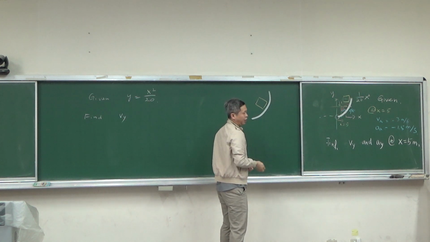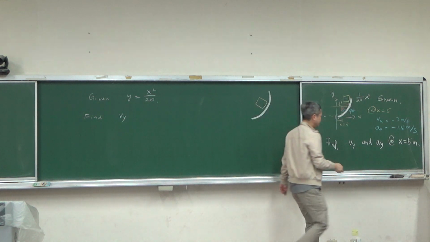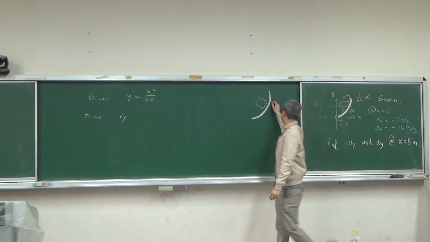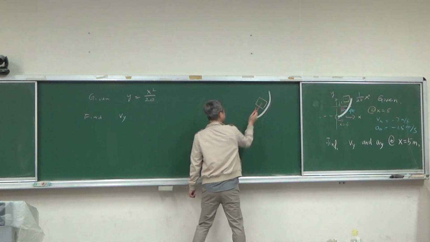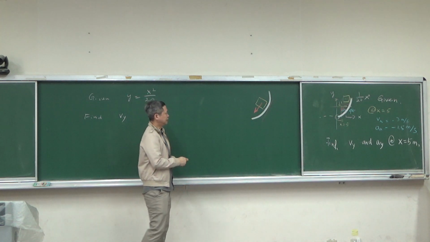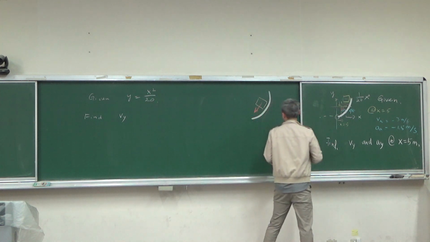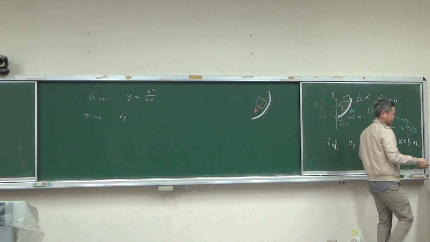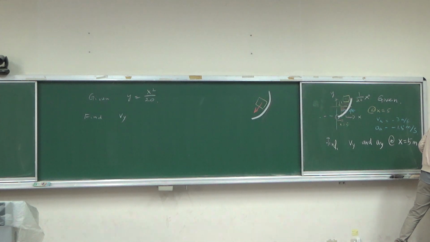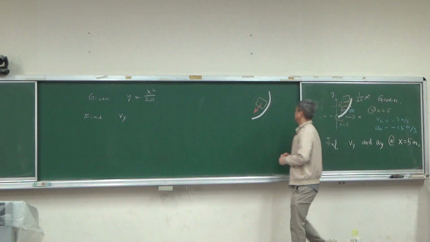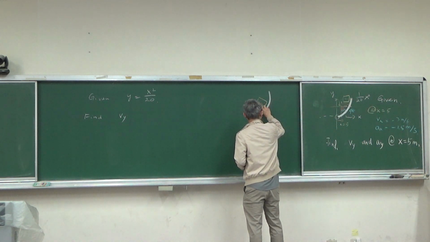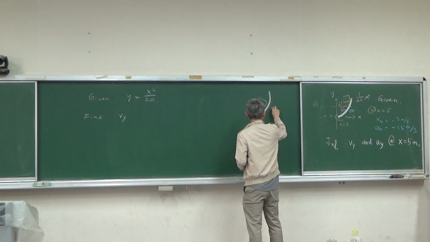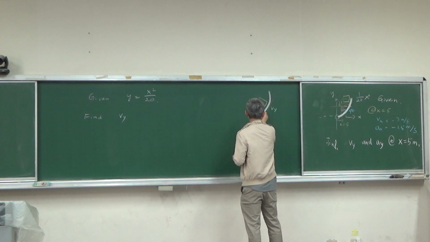So the speed definitely is along the tangent. But this tangential speed is going to be reduced into 2 parts. What are the 2 parts? First, you're going to have the vertical component Vy. Second, you're going to have the horizontal component Vx.